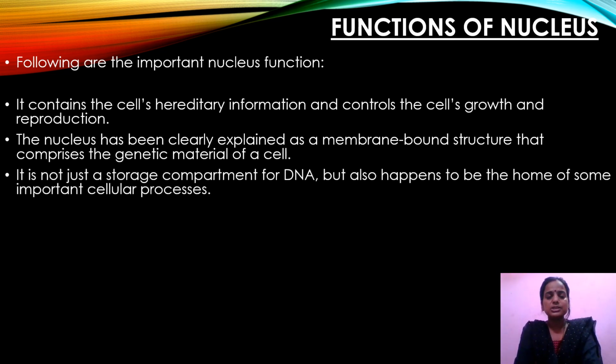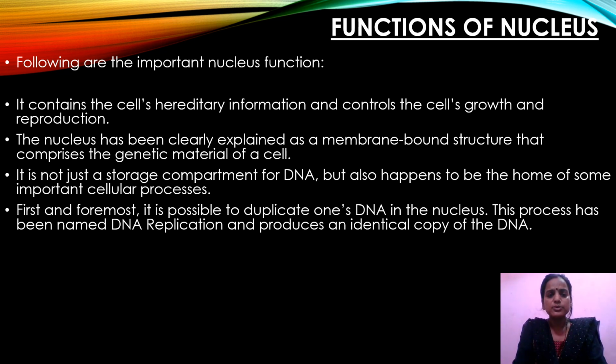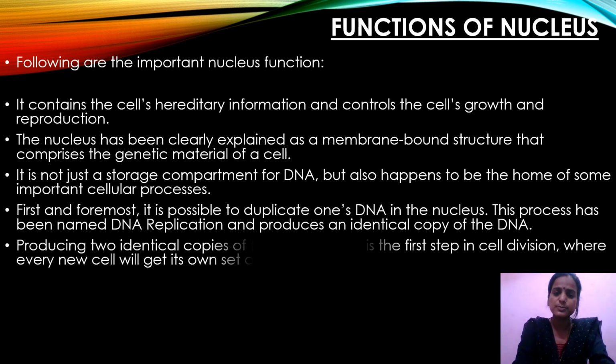It's not just a storage compartment for DNA, but also the home of some important cellular processes. First and foremost, it is possible to duplicate DNA in the nucleus. This process is called DNA replication and produces an identical copy of the DNA. DNA replication takes place in the nucleus itself.